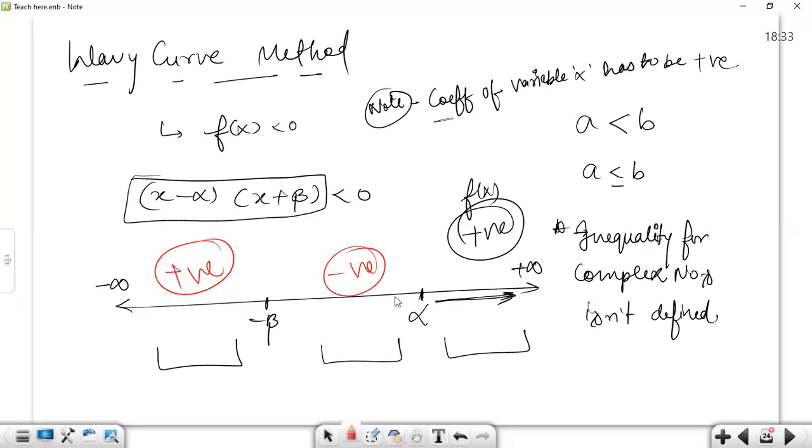Okay. So now what we had to find out, the function was negative. We had to find out the values of x for which the function is negative. So here, when is the function becoming negative? In which section?